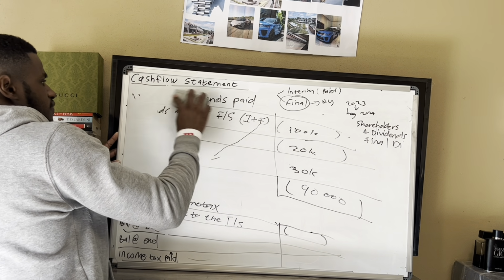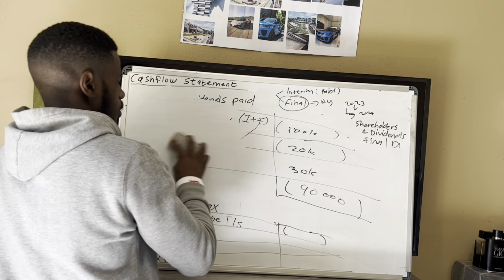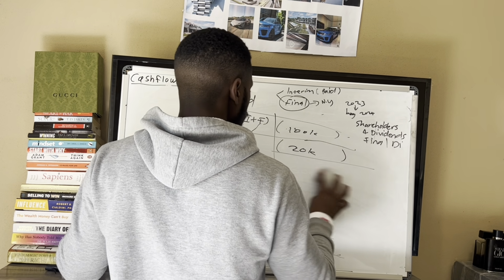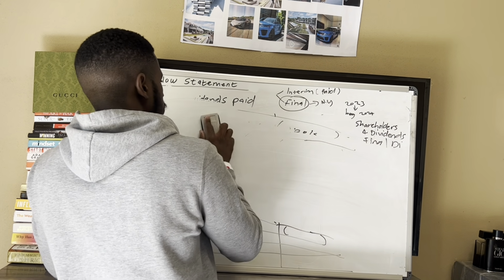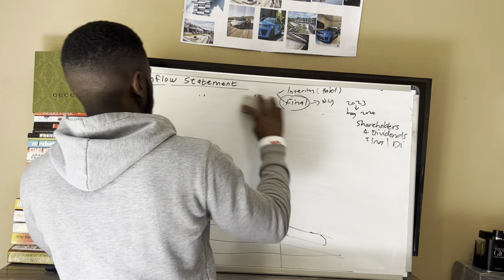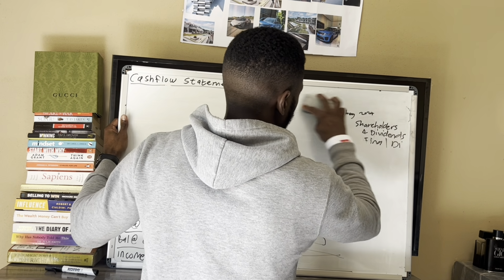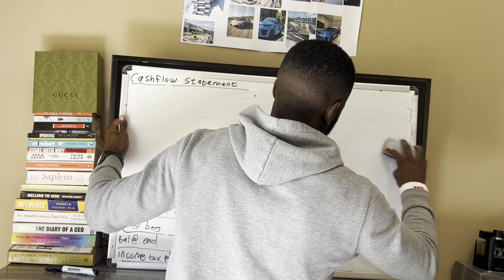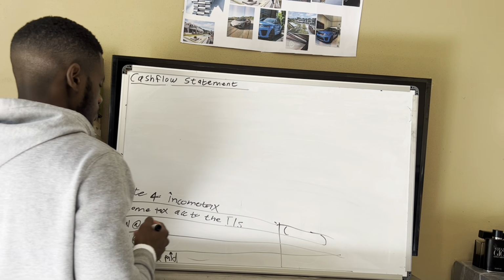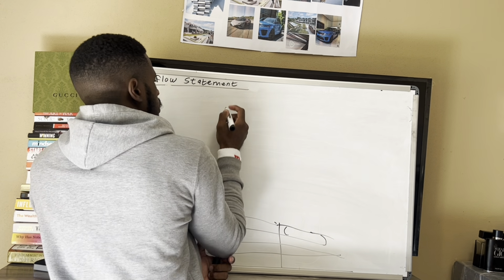I need you to listen very carefully when it comes to this, or just about anything. I need you to be careful. Now, income tax is the money that we will pay to SARS.